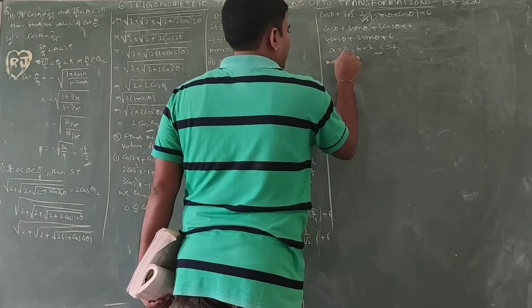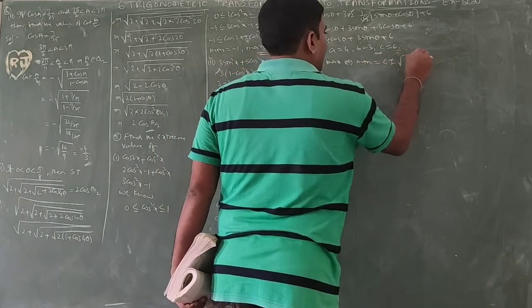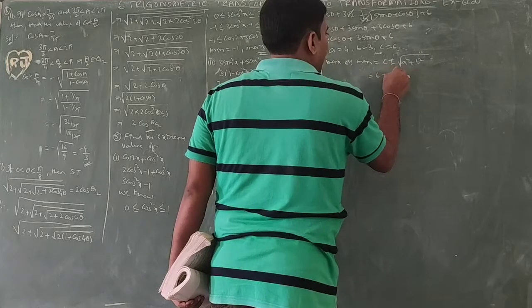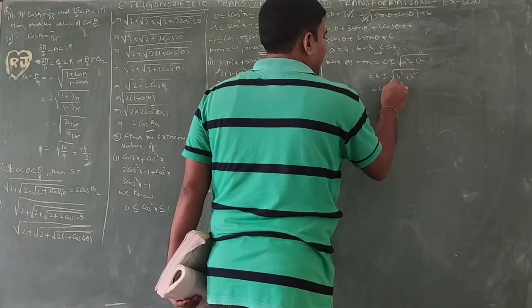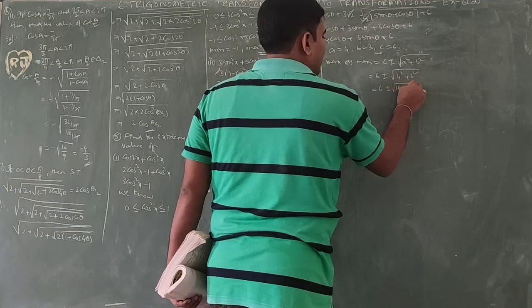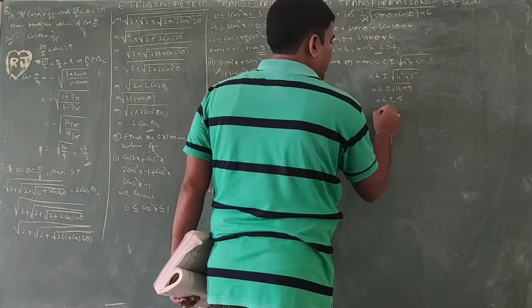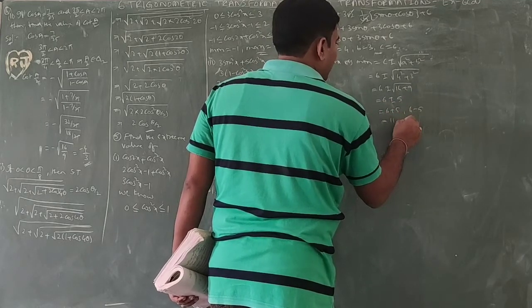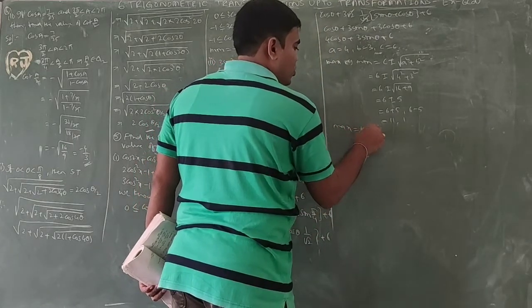Maximum or minimum equal to 6 plus or minus under root 4 square plus 3 square. 6 plus or minus root of 16 plus 9. 6 plus or minus root 25, equal to 5. 6 plus 5, 6 minus 5. 6 plus 5, 11. 6 minus 5, 1. So maximum equal to 11.